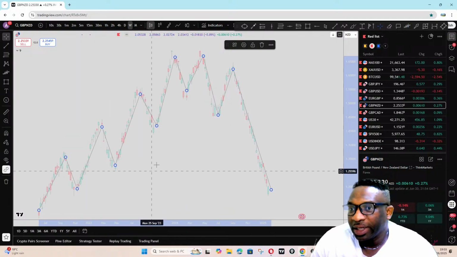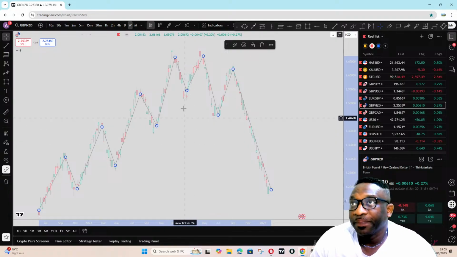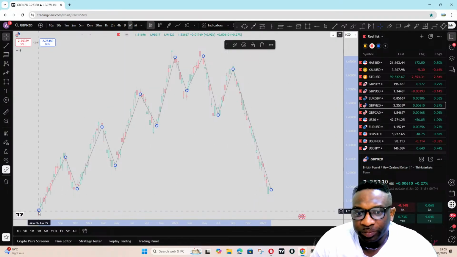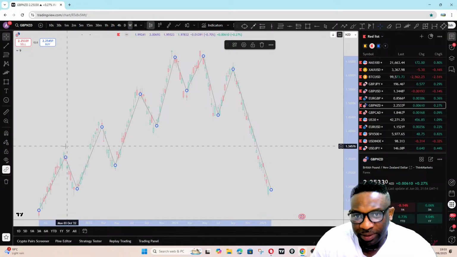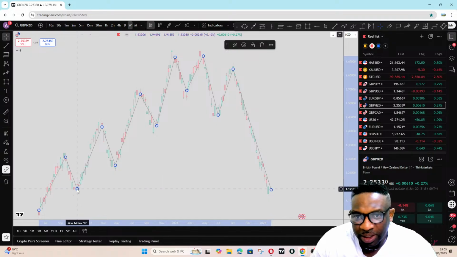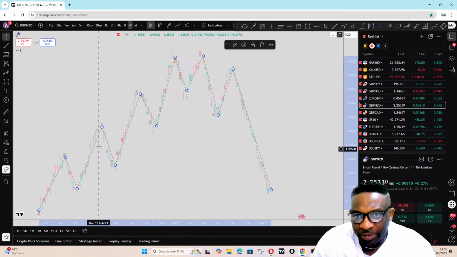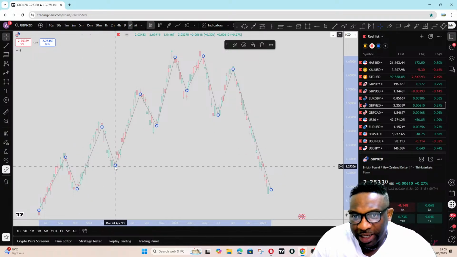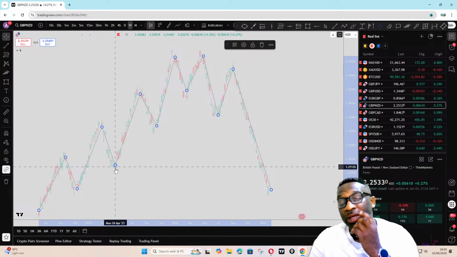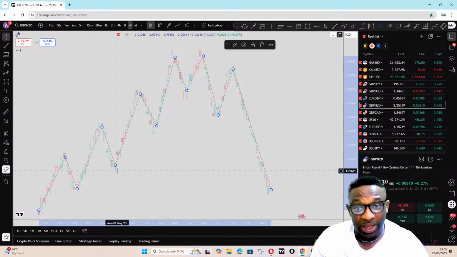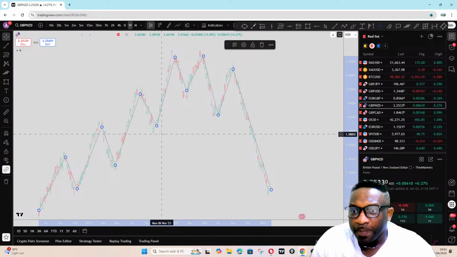This is a typical uptrending market where you can see price is making higher highs. From this point to this point, it made a high, made a retracement, made a higher low. A high again, and then a higher low, high again, and then a higher low. This is a typical characteristic of an uptrend.